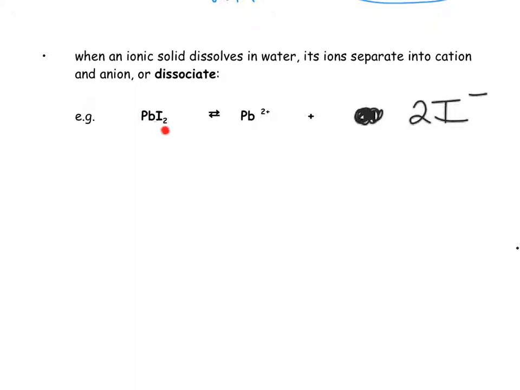I've got the PbI2, so if I dissociate these into ions, my ratio is one lead for every two iodide ions, right? So that's what's happening when an ionic solid dissolves.